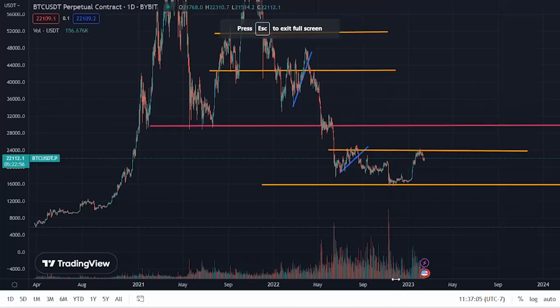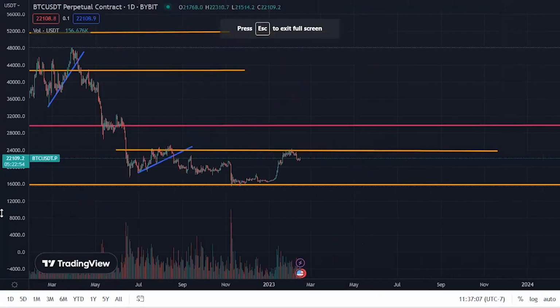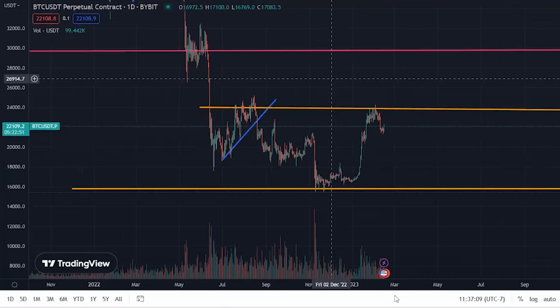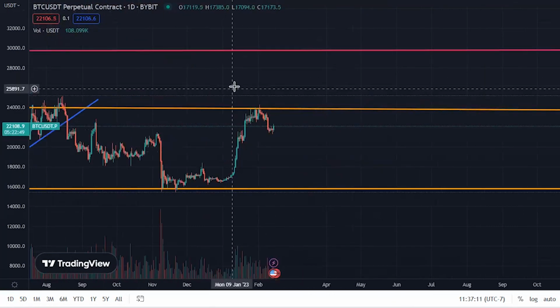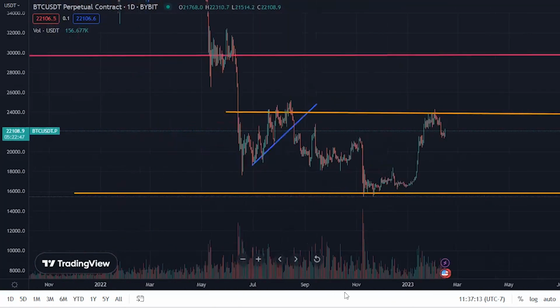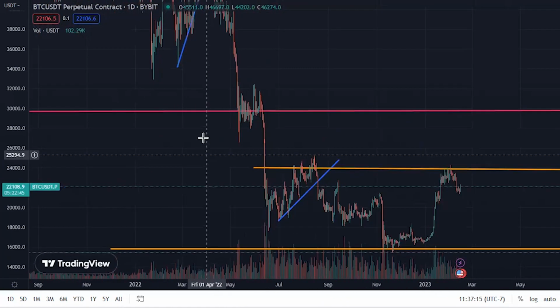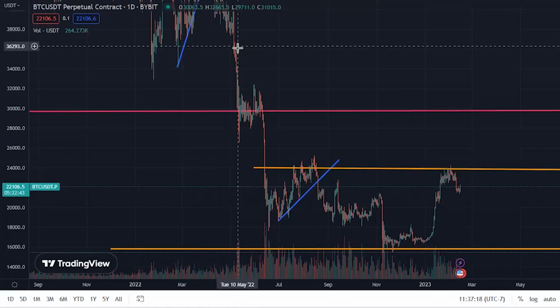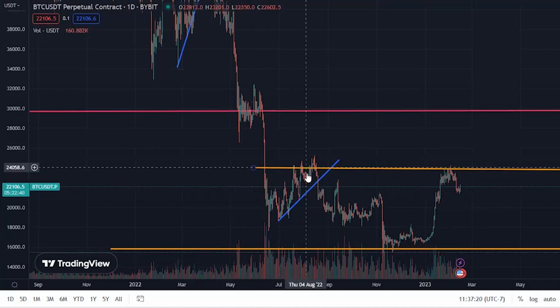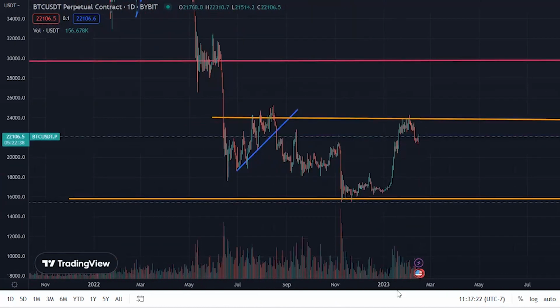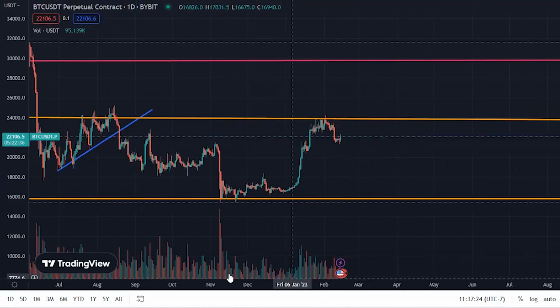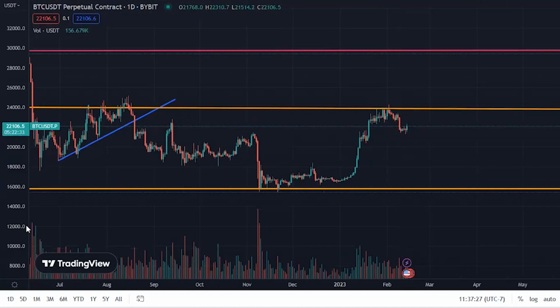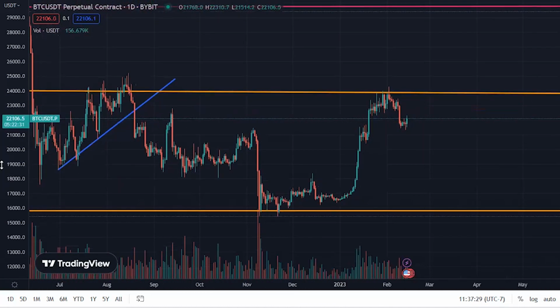But if we zoom in closer, we can see that in the daily time frame, we were in a downtrend for a while, but then right over here, it looks like we are sort of in an uptrend.